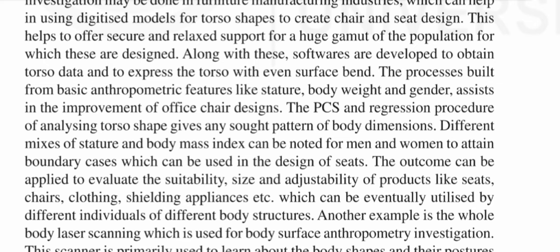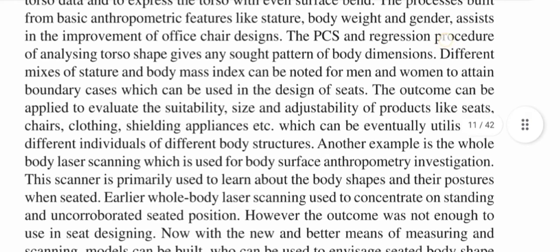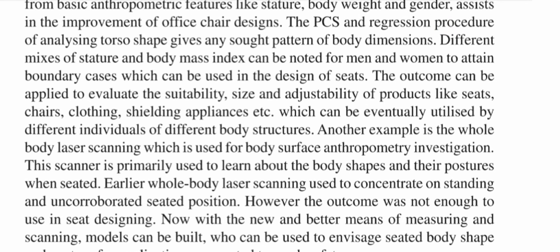Another example is the whole body laser scanning, which is used for body surface anthropometry investigation. This scanner is primarily used to learn about the body shapes and their postures when seated. Earlier, whole body laser scanning used to concentrate on standing and uncorroborated seated position.